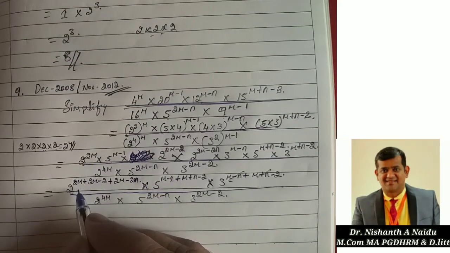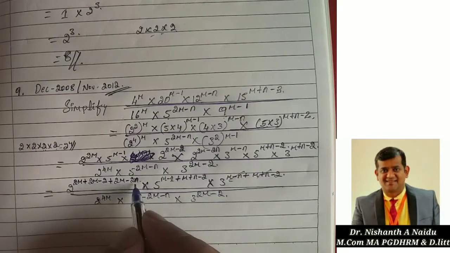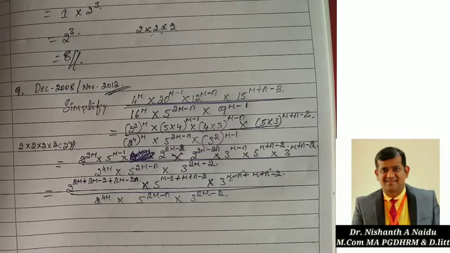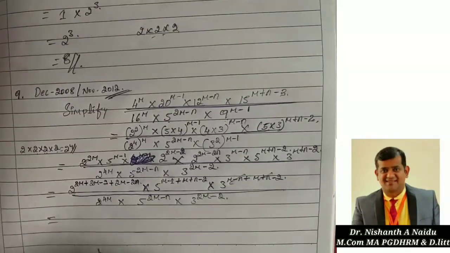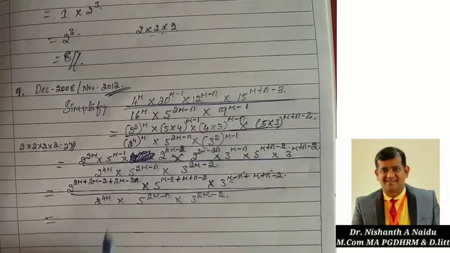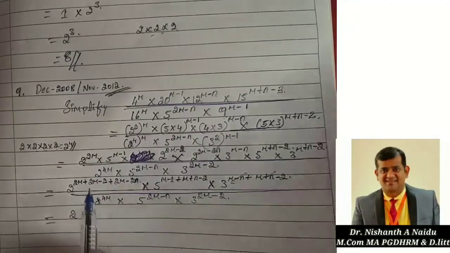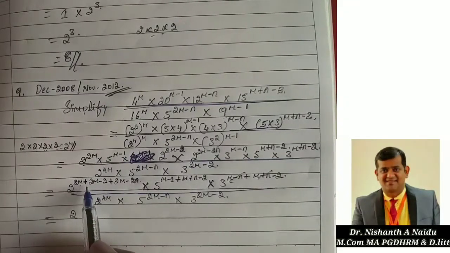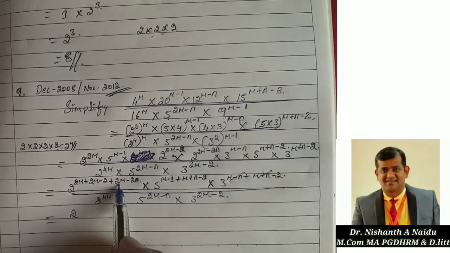So here I have plus 2m minus 2m plus 2n. So since numerators are there, what we will do, so we will write it in a simplified manner, so that you don't get confused. So that to make you understand better, I am writing this. 2 to the power, how many m's? 2m, 2m 4m, 4m plus 2m 6m.